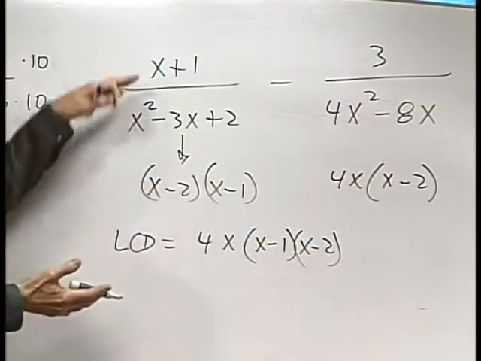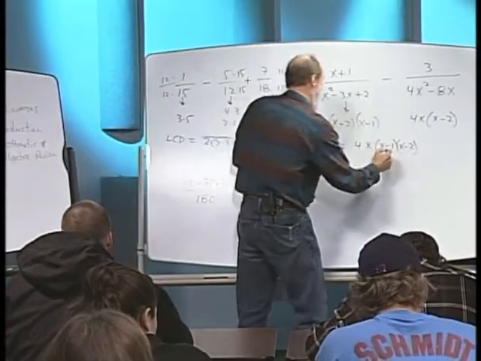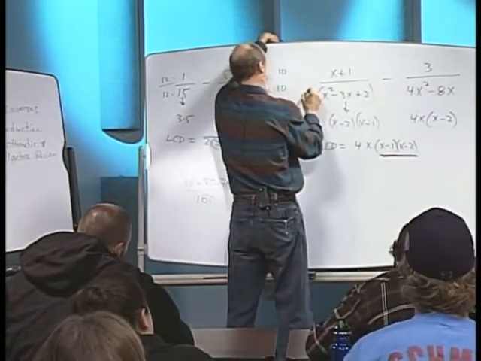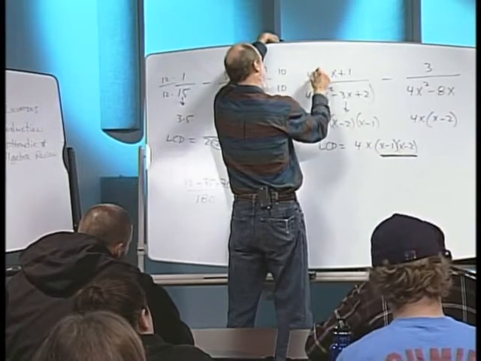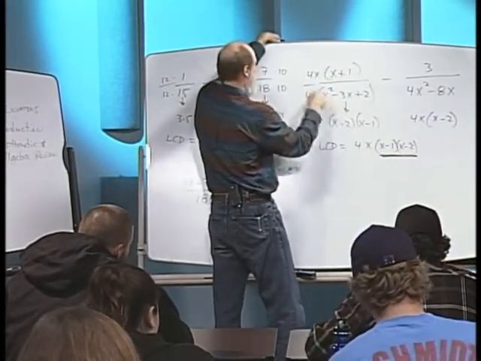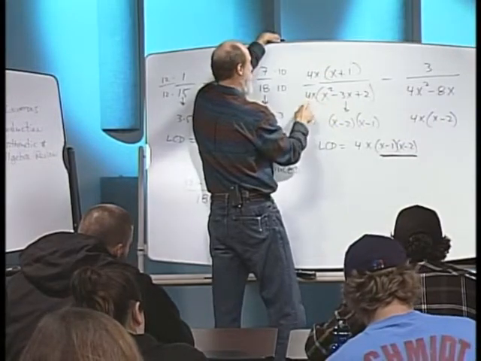This particular first fraction already has this much of it, so all I have to do is come up here and multiply this thing top and bottom, numerator and denominator, by a factor of 4x. What's missing here is the 4x.